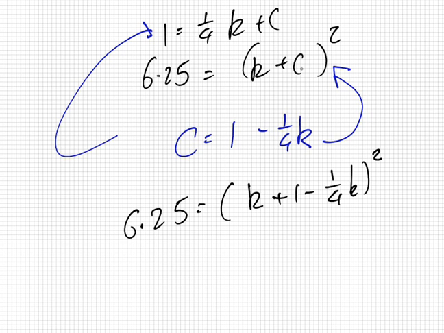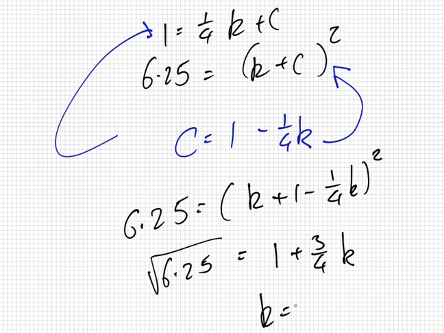So that means 6.25 with a square root will equal 1 plus 3/4 k. So I get k equals 2.